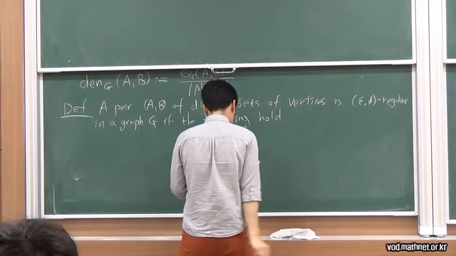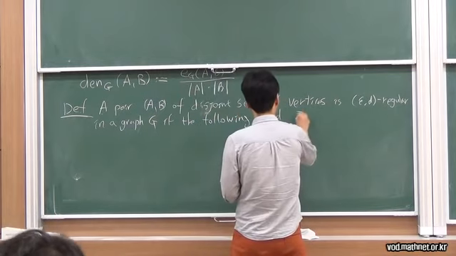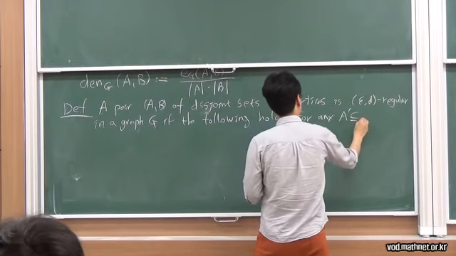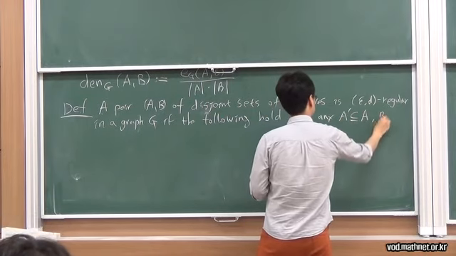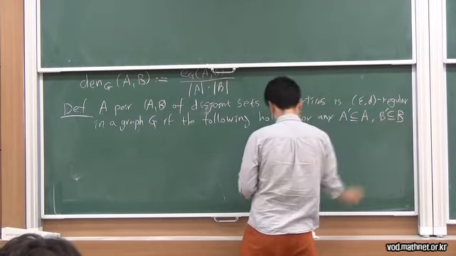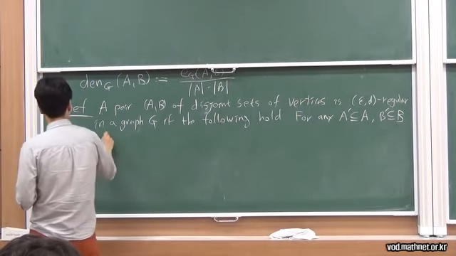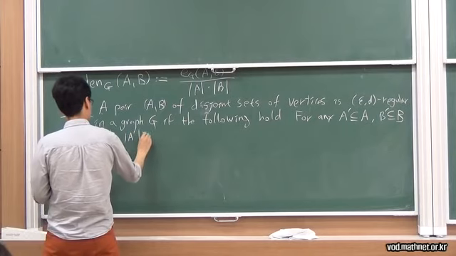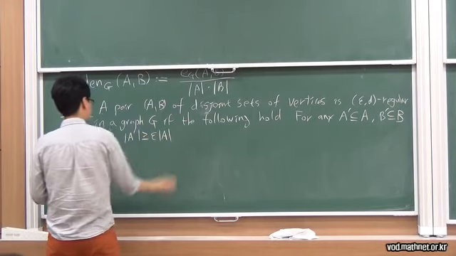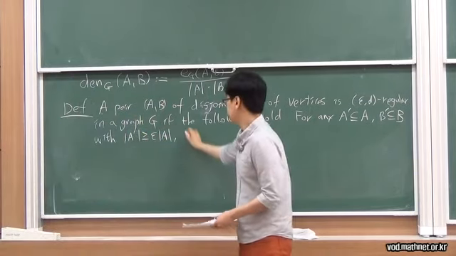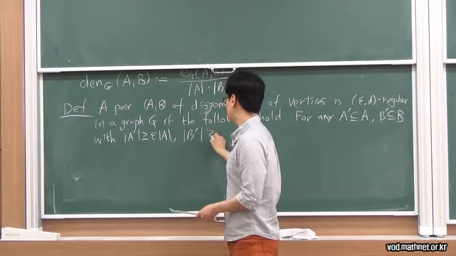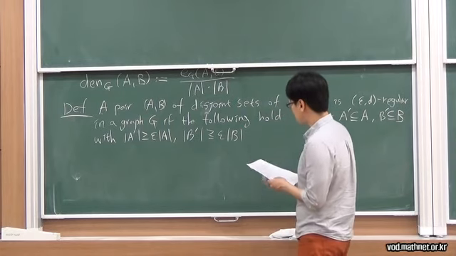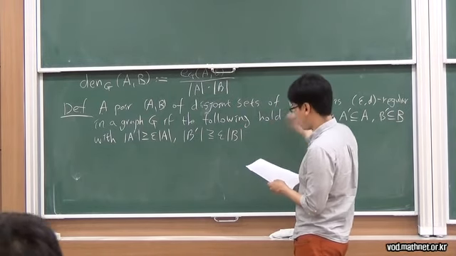The following is what I described. It's uniform in the sense of density. So what it means is, for any set A prime, a subset of A, and B prime, a subset of B, which is not too small, so A prime has size at least epsilon times the size of A, and B prime has size at least epsilon times the size of B. Epsilon is some small number which measures how uniform it is.